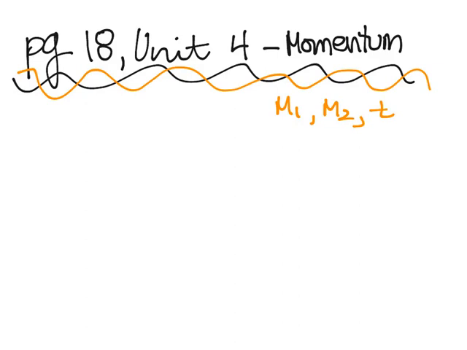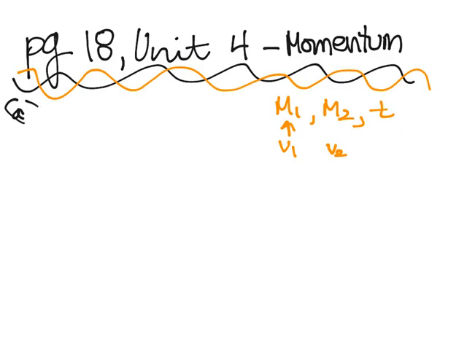So we know the speed of the woman immediately, so maybe the mom. So we have V1, the final speed, and we want V2, the speed of the son.